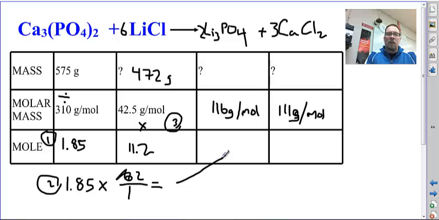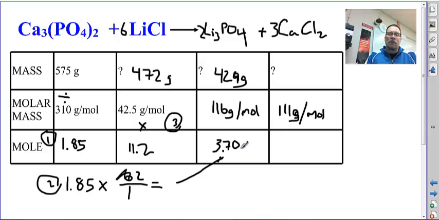And 1.85 times 2 is 3.70. There's step 2 for this problem. And to get to step 3, take the 3.7 times 116, and that's 429 grams. And then I've solved that one.